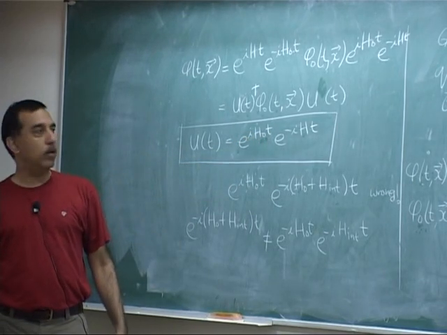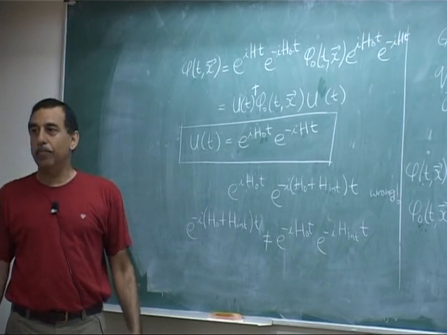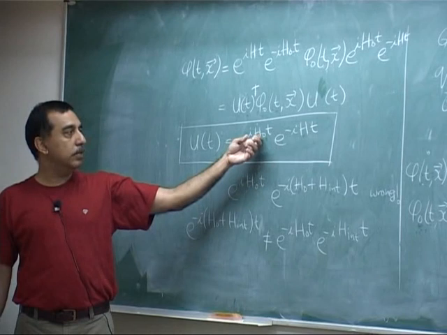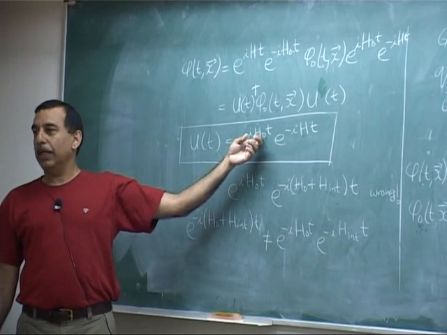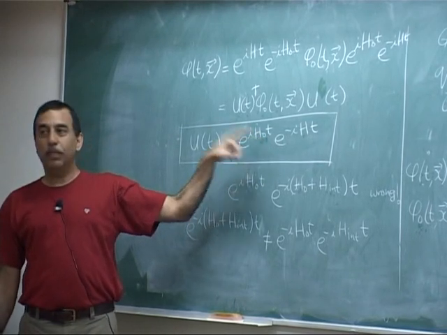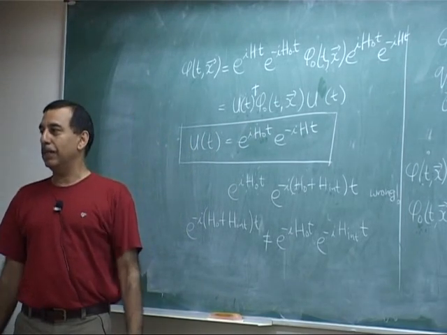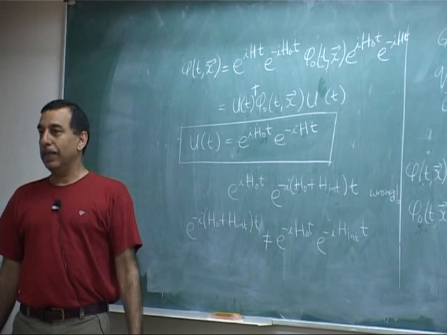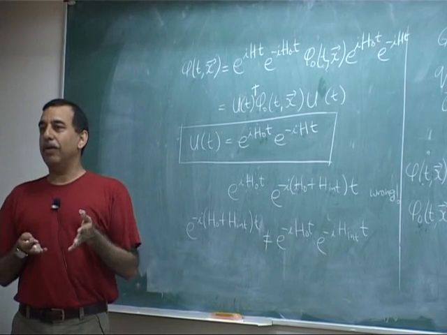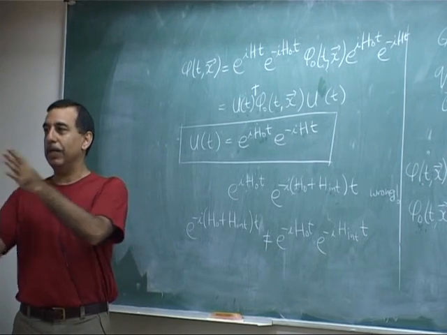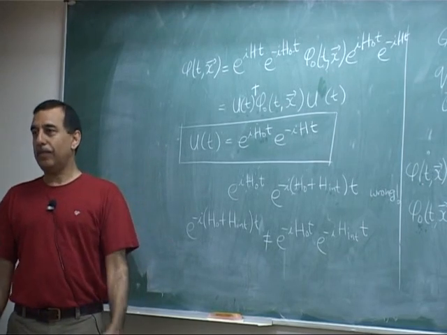Because it's not a function and it's not a number, it's an operator, but the meaning is nothing more nor less than saying e to this quantity is 1 plus this plus this squared plus this cubed upon 3 factorial, etc. Power series expansion of exponential. That you can do, and even if it's an operator, the power of an operator is perfectly sensible. It means act with that operator many times.